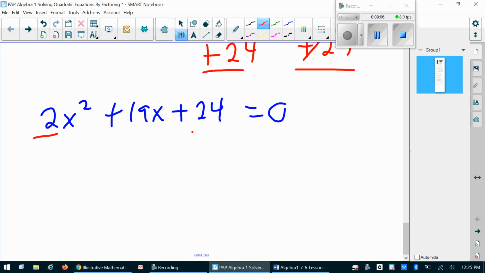First step, 2 times 24 gives us 48. My next job, find two numbers that multiply to give me 48, but add to give me 19. The numbers are 16 and 3.